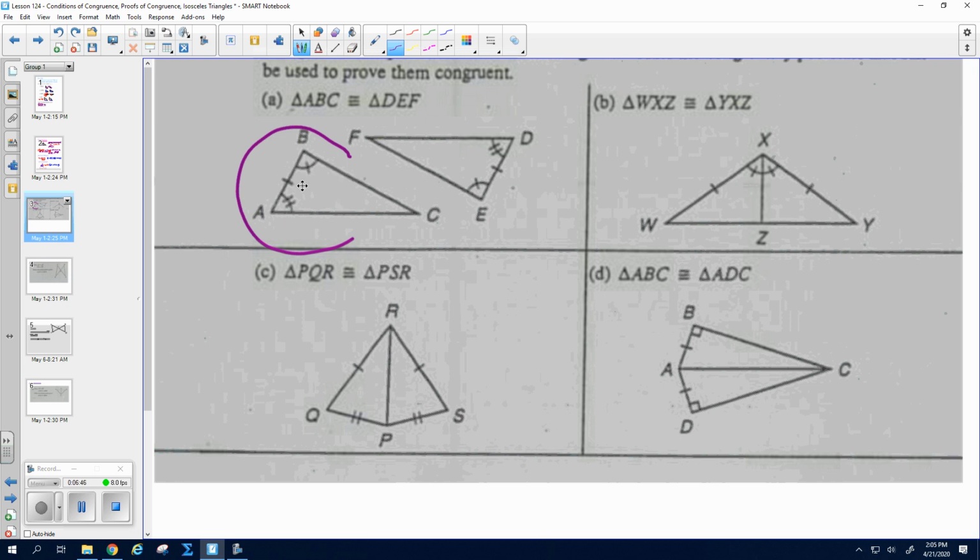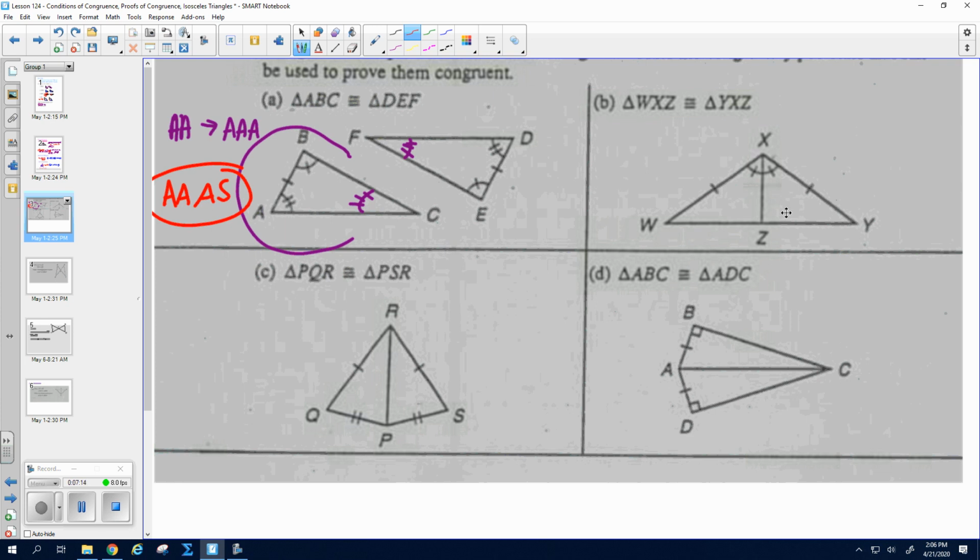Well, these two angles are congruent, so I definitely know that the third angle is congruent here because of triangle sum. But the reasoning is two angles congruent means three angles are congruent. So now I have one of the triangle congruence properties, and that would be angle, angle, side. I would like you to write both this statement and the triangle congruence property.